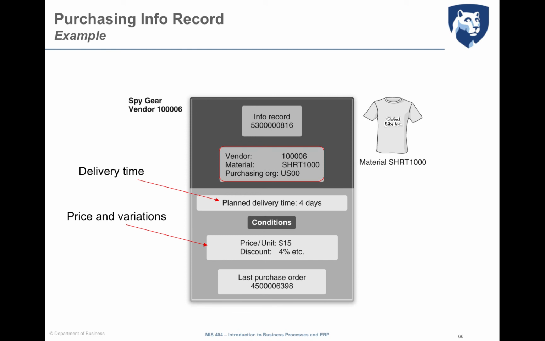But when orders are higher than $1,000, they offer a discount of 4%. You also see a link to the purchasing info record, the last transaction that had been executed for this type of vendor.